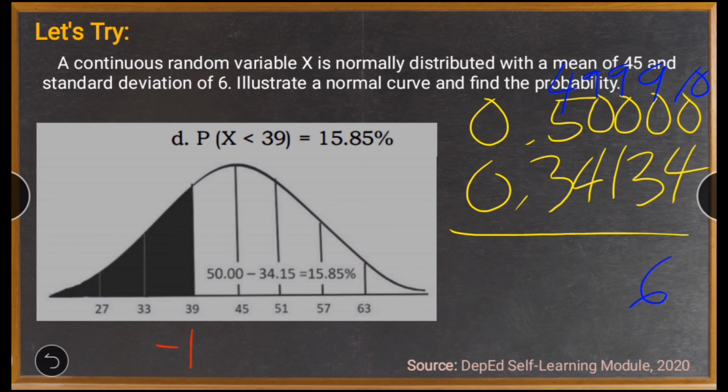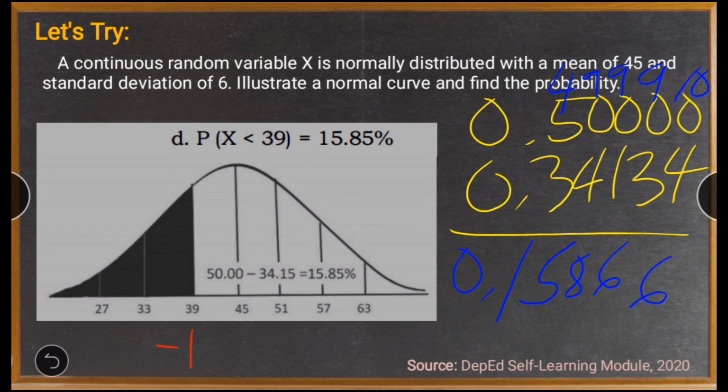6. 9 minus 3 is still 6. 9 minus 1 is 8. 9 minus 4 is 5. And then 4 minus 3 is 1.